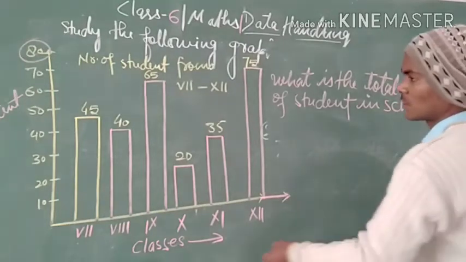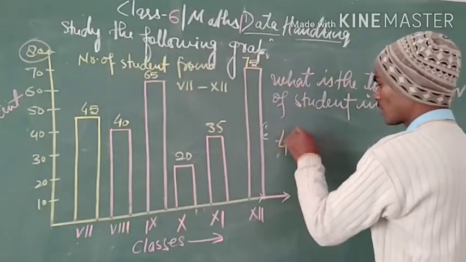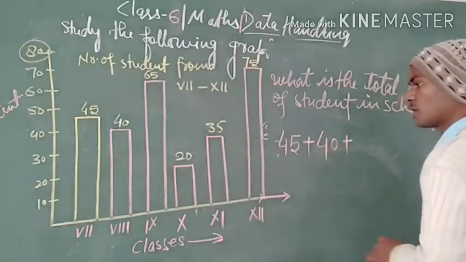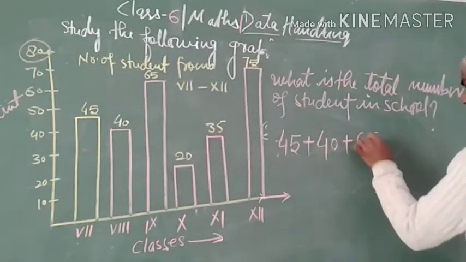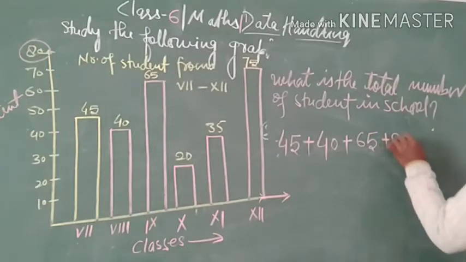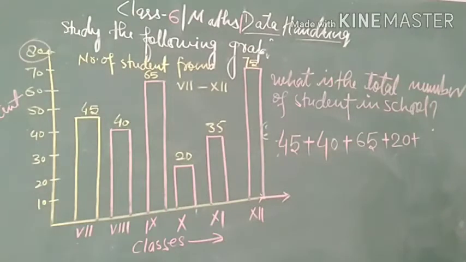So for this, let's add one by one. Here we write 45 plus 40 plus 65 plus 20 plus 35 plus 75.